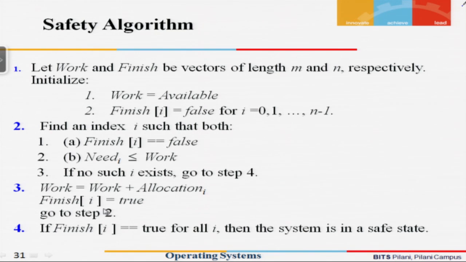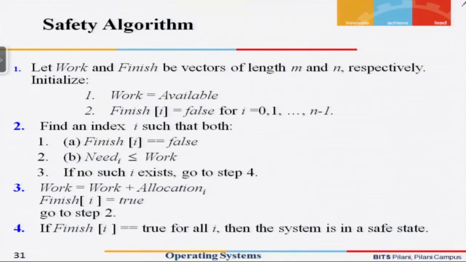Since the ith process has completed, its Finish value is marked as true, and then we return back to step 2. So we can very clearly see that if we execute this algorithm, at the end there are two conditions which might occur. If all Finish[i] are equal to true, then we say that the system is in a safe state and we have a safe sequence.